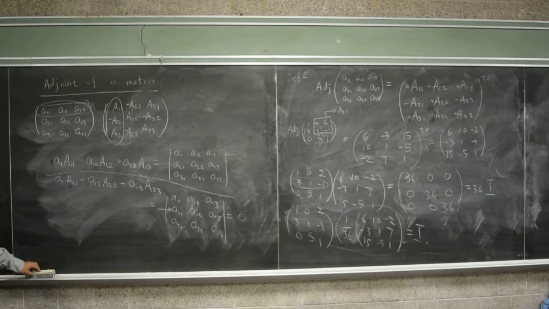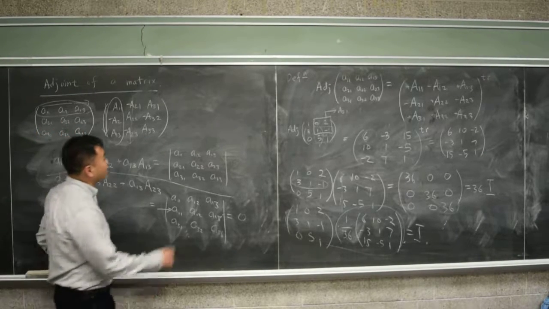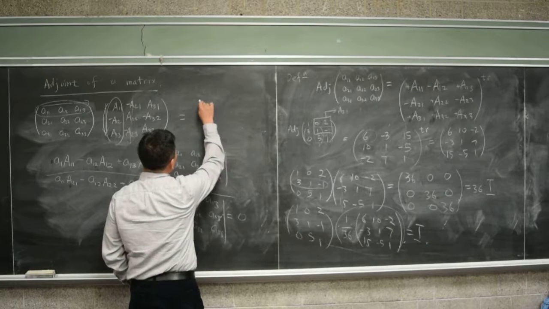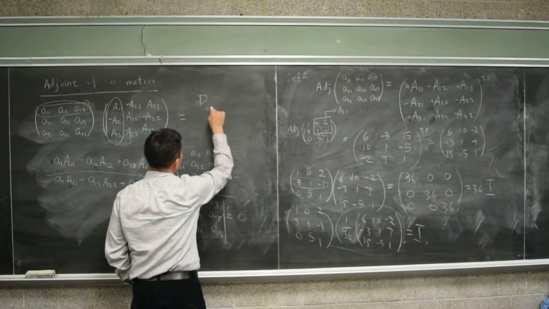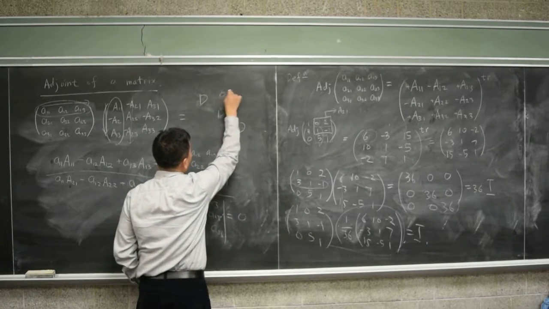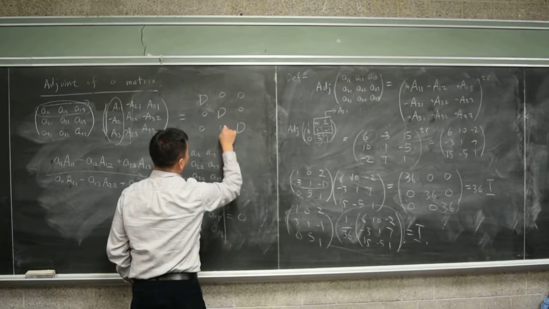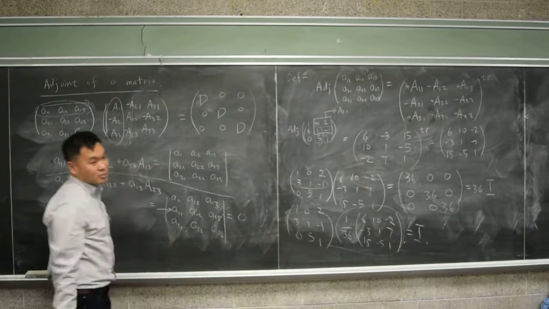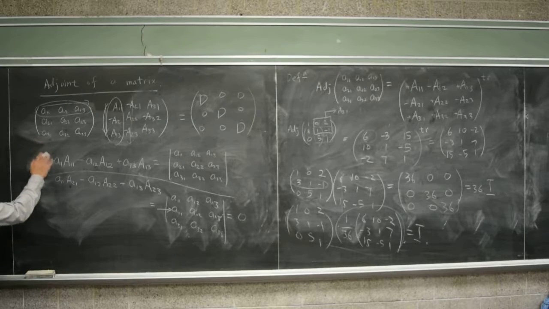Yeah. Okay. So if you multiply these, the outcome will be that it will be the determinants on the diagonal and 0, 0, 0 everywhere. Okay. Where D is the determinant of the original thing.